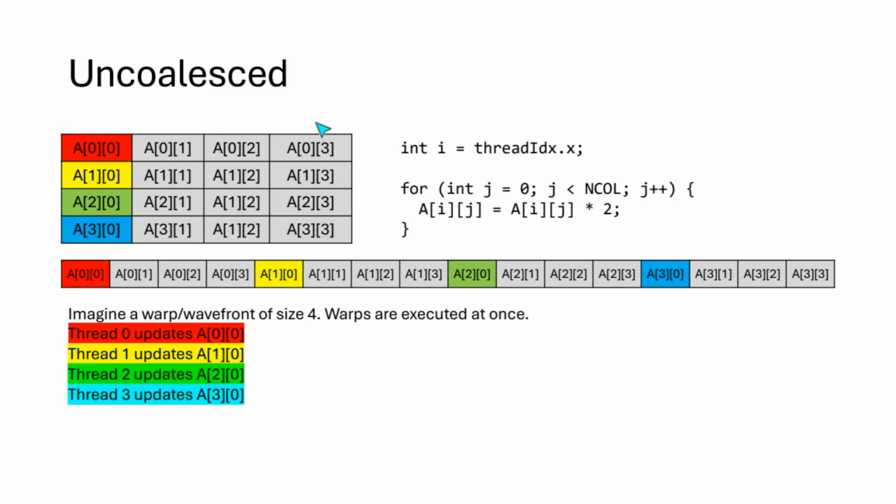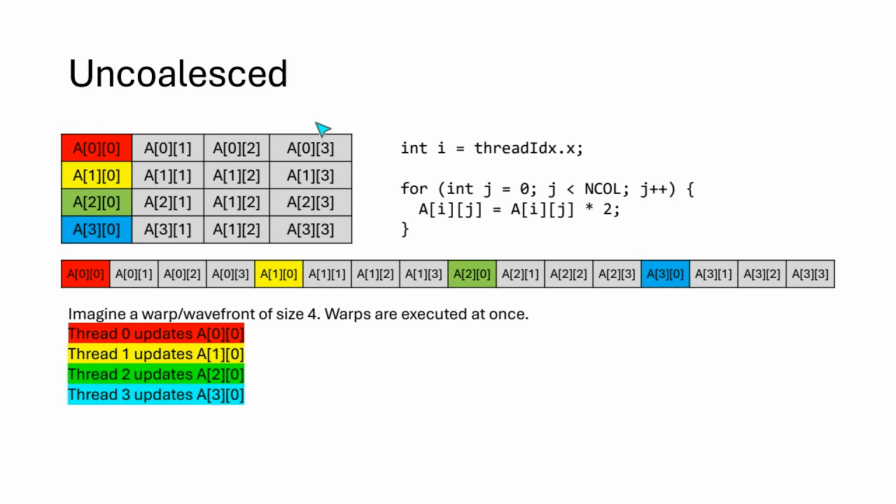The thing here is that on the GPU, the thread execution is different. We have the concept of a warp or wavefront, where warps are executed at once. So let's say that we have 4 threads.